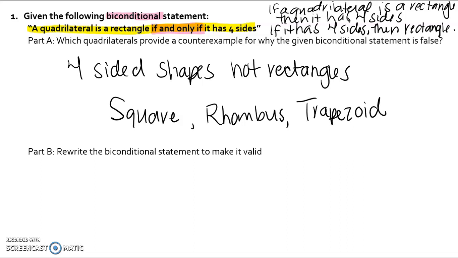We can rewrite this to make it valid by creating a statement that is true about rectangles.